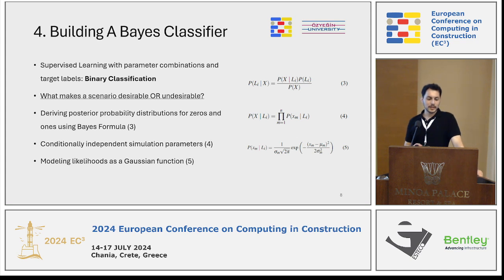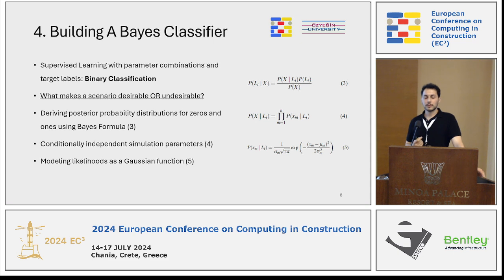So here we try to understand what makes a scenario desirable or undesirable and to what extent. So our aim is to derive posterior probability distributions for the 0 and 1, which are the undesired and desired scenario labels, using the Bayes formula in equation 3. So we have two assumptions here. The first one is that each simulation parameter, given a scenario label, is assumed to be independent from each other.